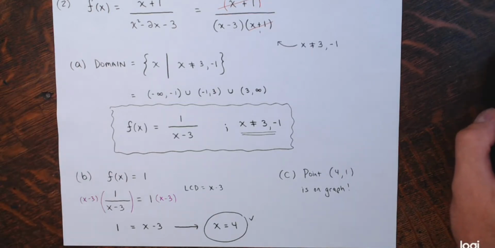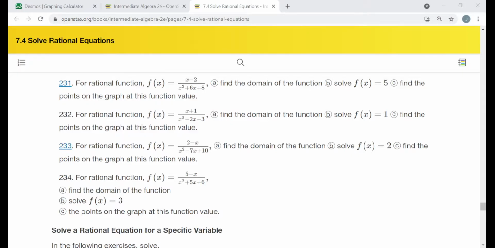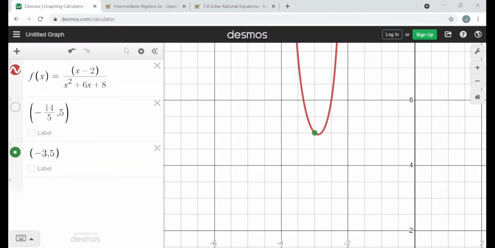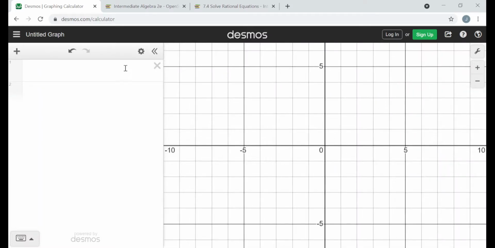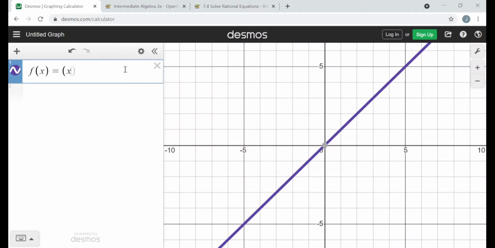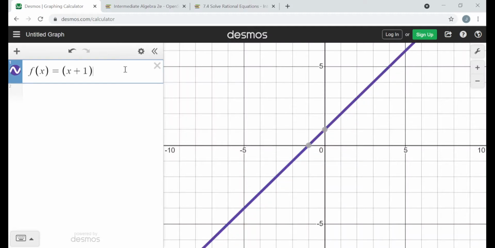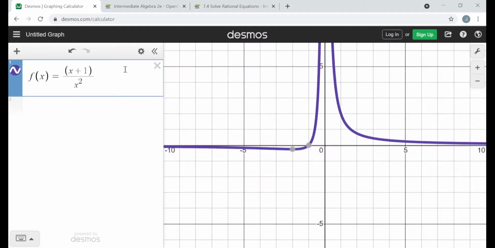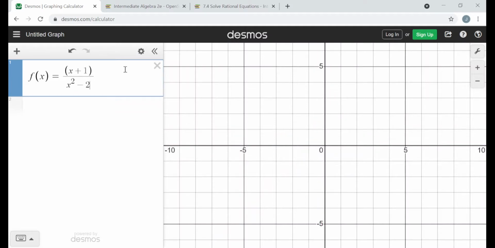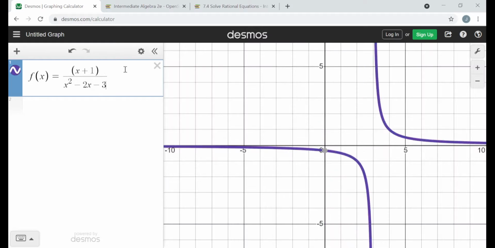So again, back to the Desmos website. Let me just clear these out. Back to the home here. And again, I'll type in the function the way we were given it. We had f of x equals, and then in the numerator, x plus 1 divided by, and in the denominator we had x squared minus 2x minus 3.